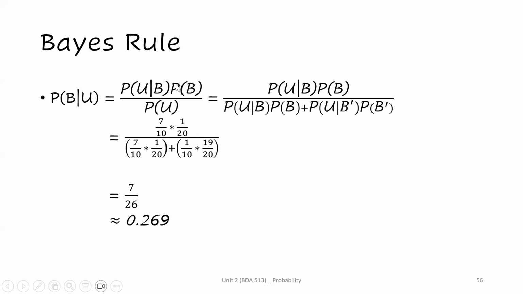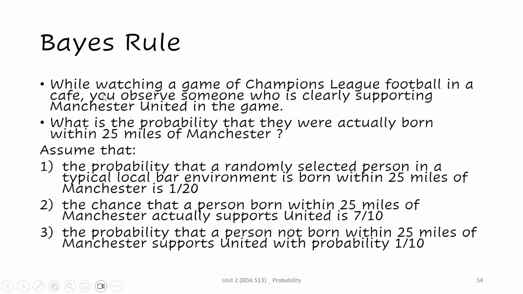Okay, so let's deal with the numerator. The probability of supporting Manchester United, given that you were born within 25 miles of Manchester. So we know that. So that is the numerator. Are we okay with the numerator? That one is being given to us. So the probability of B given U is the same as what we have here.